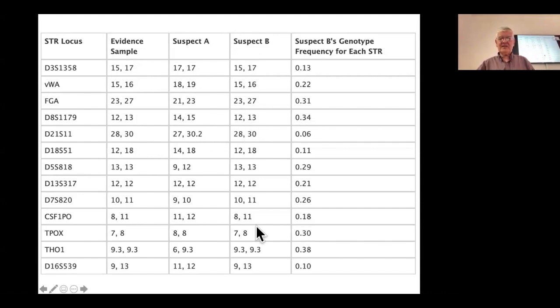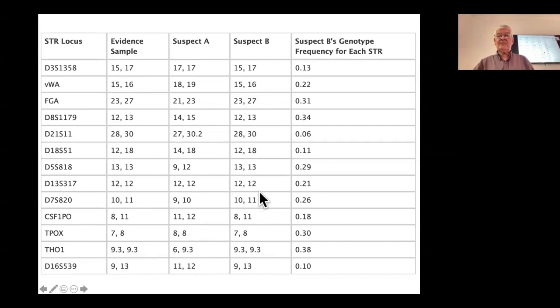This suspect in fact matched every one of the results found in the evidence sample. And that says that this sample came from this person.